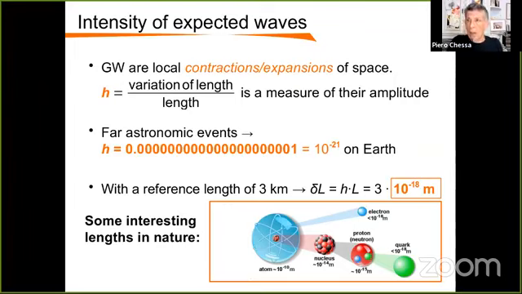That means that in our interferometer, where we have lengths of 3 kilometers, when the gravitational wave comes, it changes the length by 3 times 10 to minus 18 meters. And if you want to know what 3 times 10 to minus 18 meters means, you have to take an atom, break the atom, take an electron from within the atom, measure the diameter of the electron, and that's more or less the measure of 10 to minus 18 meter.